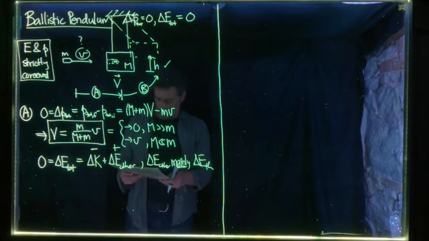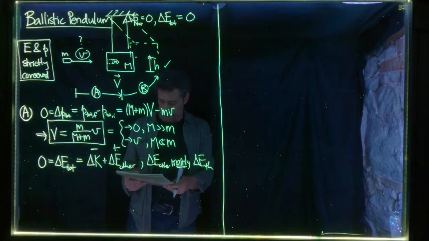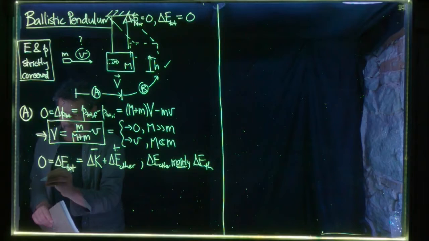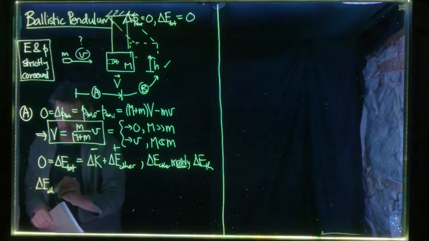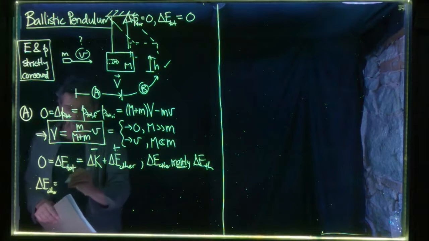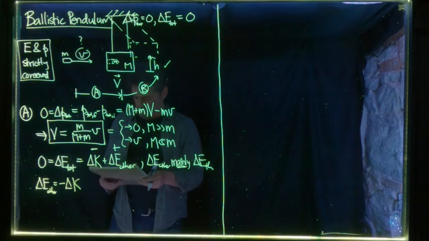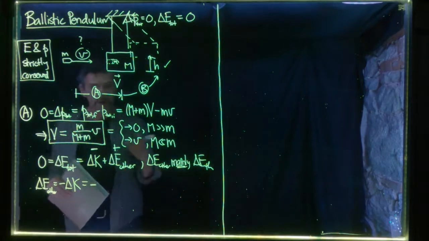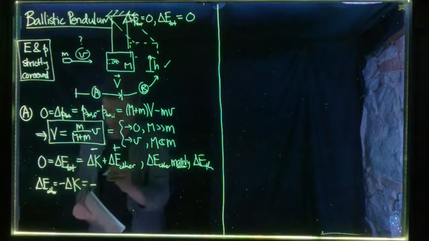So energy is always strictly conserved. Then we can work this out. What is delta E other, which is mainly delta E thermal? Well, it's just negative the change in the kinetic energy. We can work that out easily. So this is negative, final kinetic energy minus initial kinetic energy.